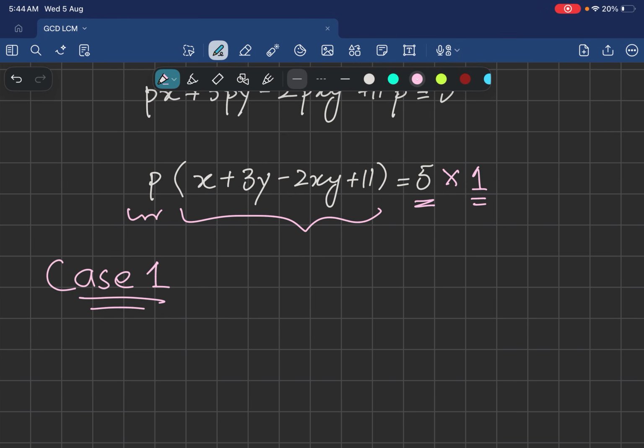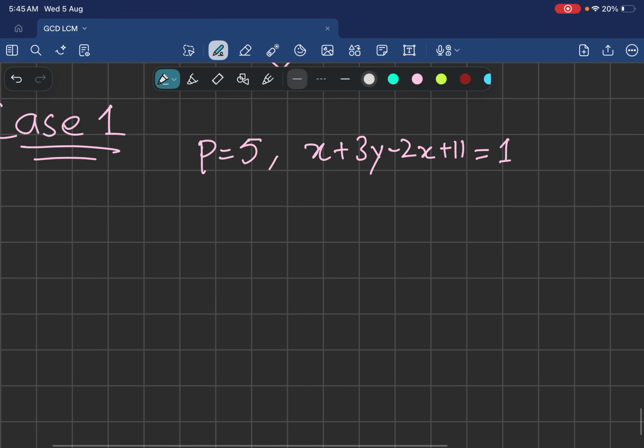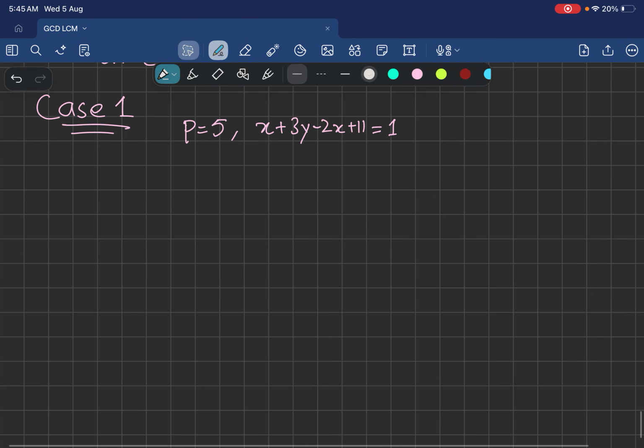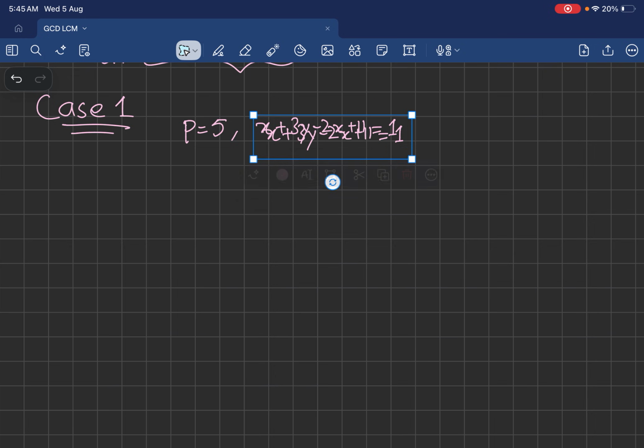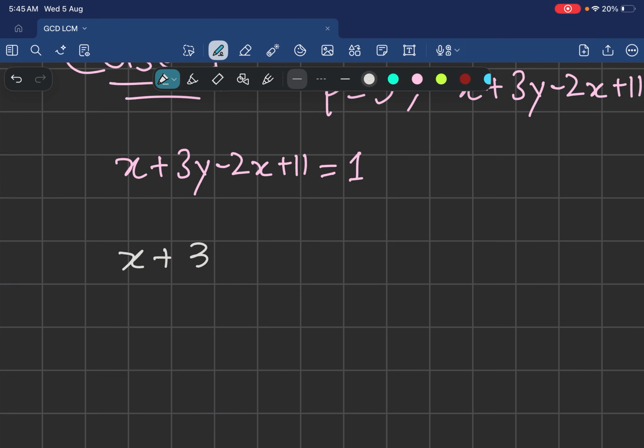So case 1 is, let's say p is equal to 5, and x plus 3y minus 2xy plus 11 is equal to 1. Let's look at this and see what it evaluates to.